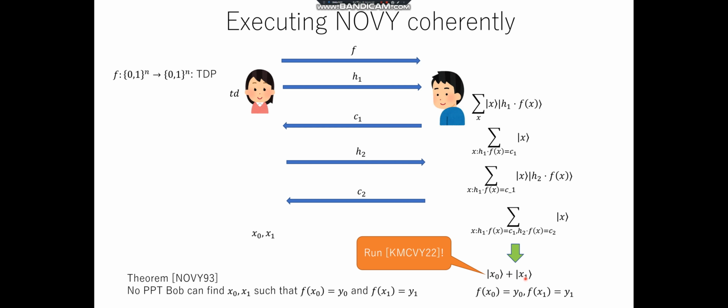But here, instead of collision resistance, we can use the result which I mentioned in the previous slide: no probabilistic polynomial time algorithm can find both x0 and x1, the preimages of y0 and y1 respectively. Again, this says that both x0 and x1 cannot be computed by a classical algorithm. So we can show the soundness in a similar way as in that paper.